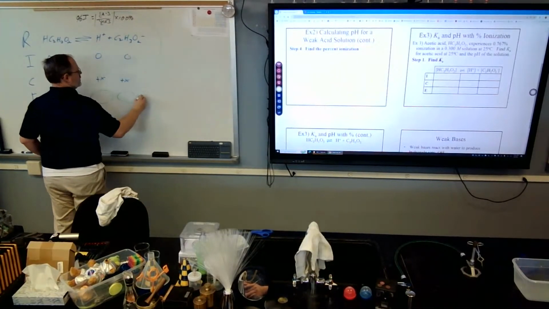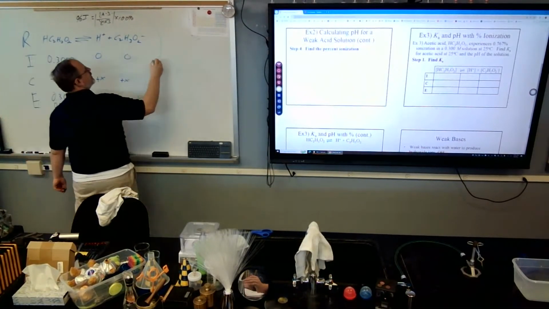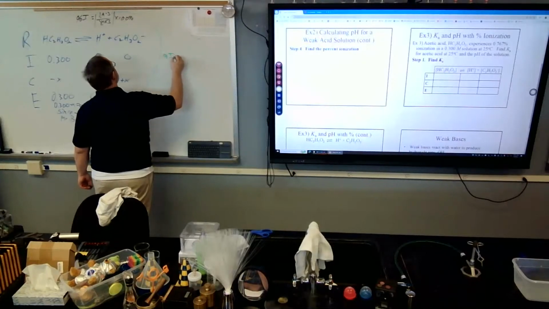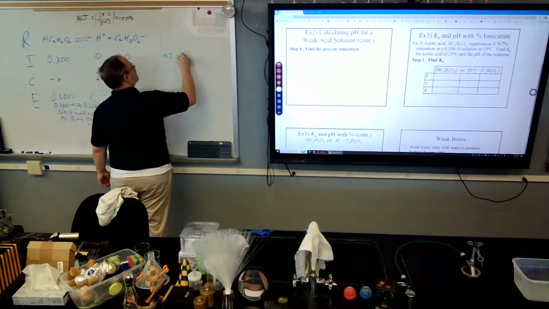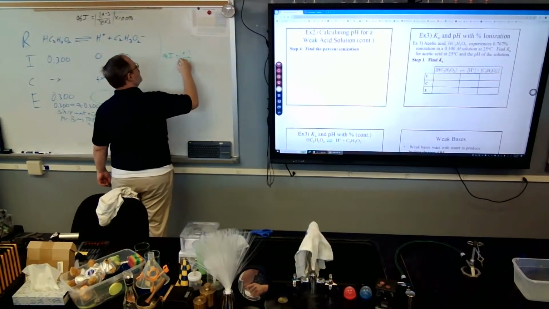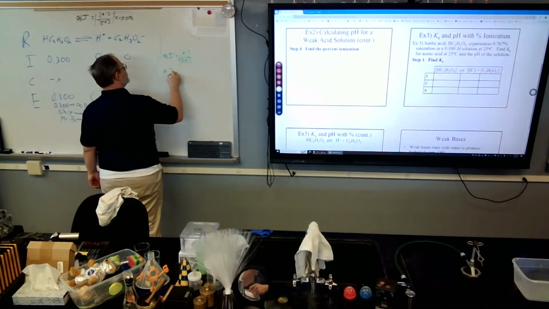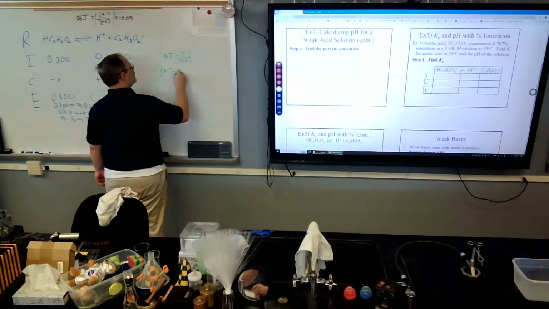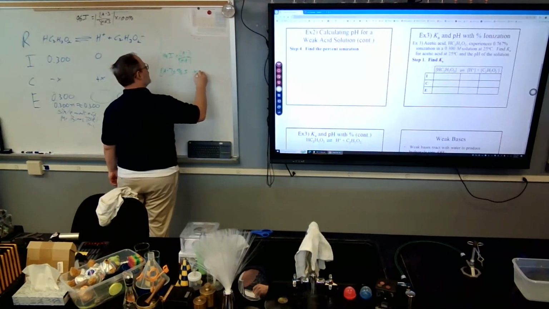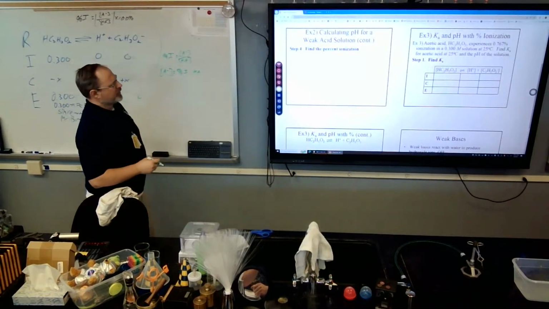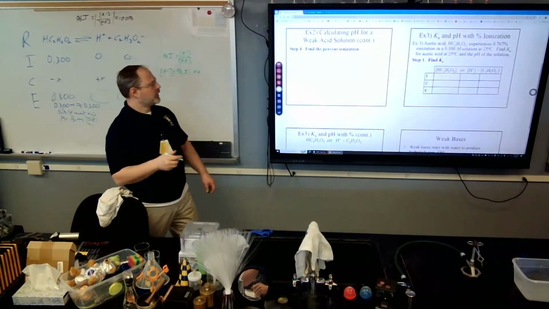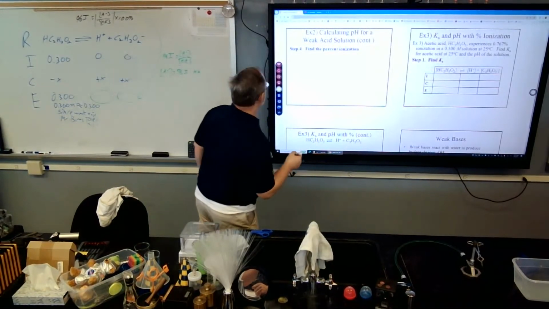Percent ionization. Because our percent ionization is A minus over HA, which means the A minus is equal to the percent ionization times the HA. Also times 100, right? It gives it to us as a percent.